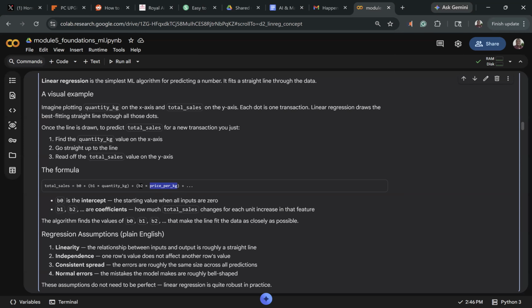This gives us the coefficient; it shows how powerful this feature is.